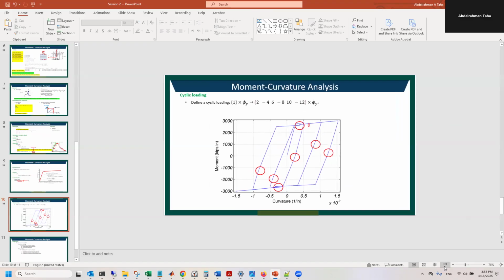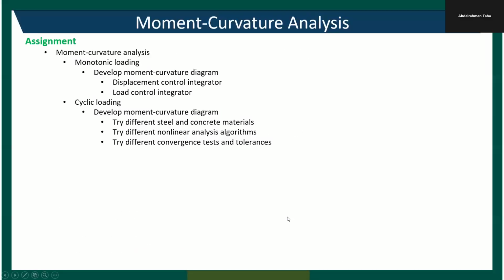And this is a part of your assignment for this session: to repeat what we did in the session of monotonic and cyclic loading for this cross section. Try different steel and concrete materials, try different nonlinear analysis algorithms, try different convergence tests and tolerances, and try to understand what kind of effect they have on the results of the analysis.